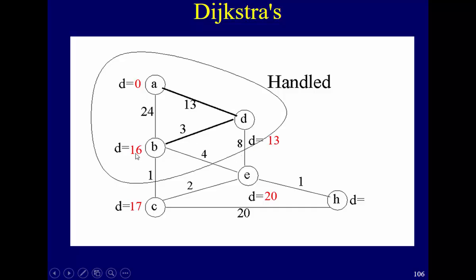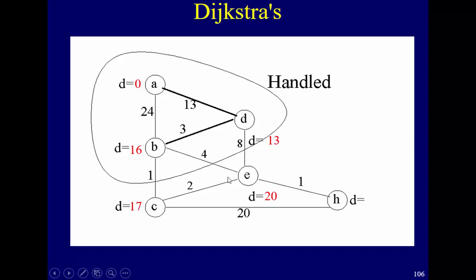Oh no, here we're going 16 plus 4, right, is 20. Yeah, so this is where we're going to catch who knows what's going on, right? So is this d value 20, right, because that path, this 20 comes from 16 plus 4? 13 plus 8 is bigger.